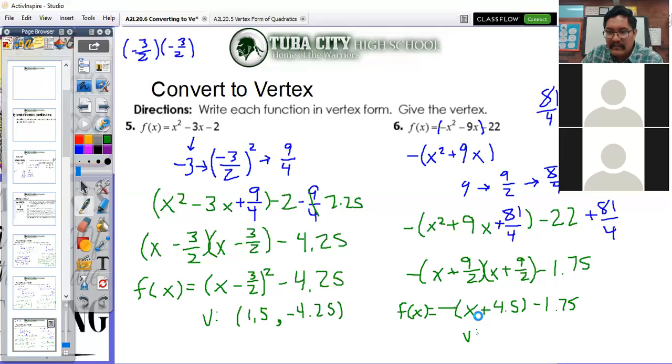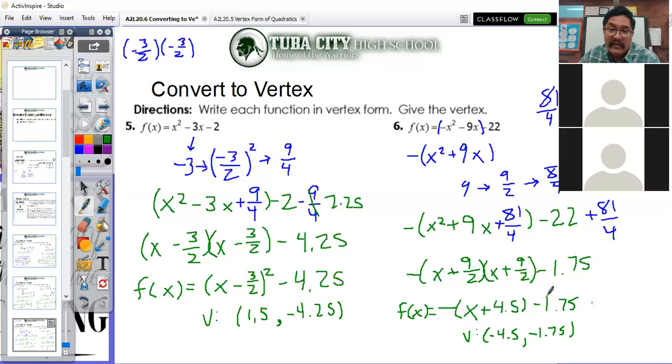Last order of business is to get our vertex, which is going to be opposite. So 4.5, and again, this is a lot easier to show as a decimal on a graph rather than a fraction. So that's why I'm going to put my vertex in decimal form.